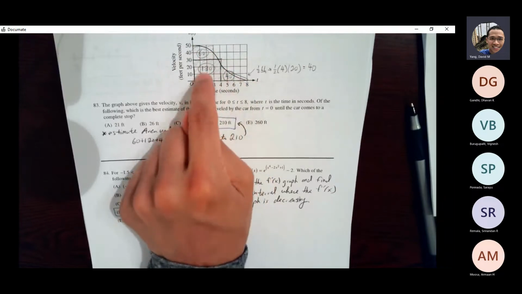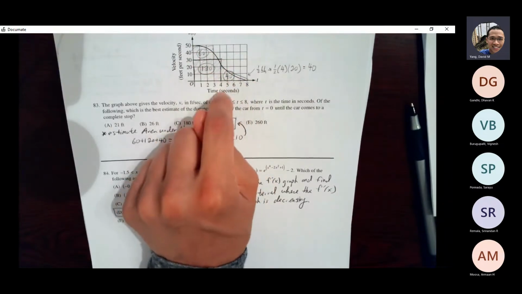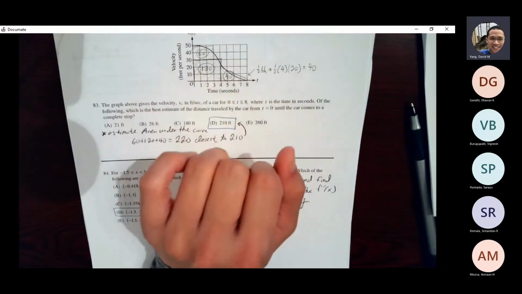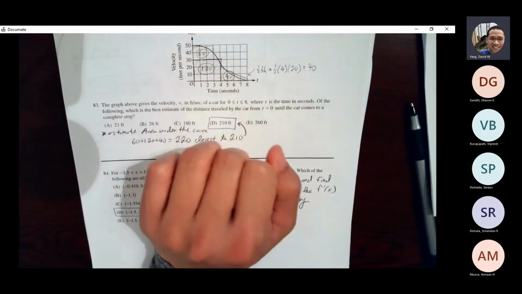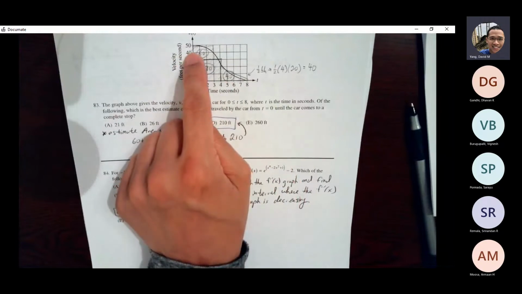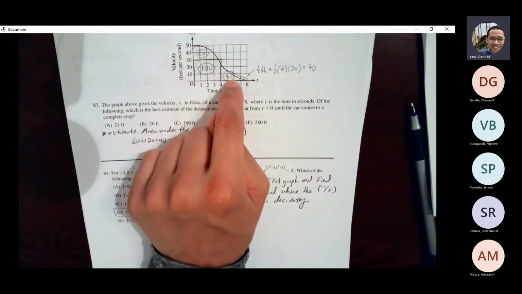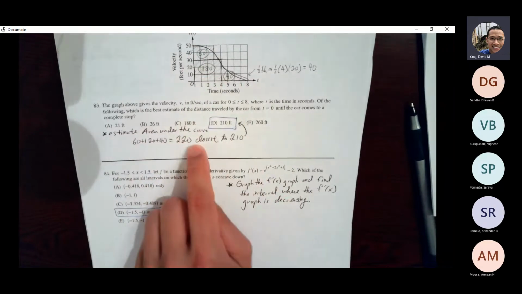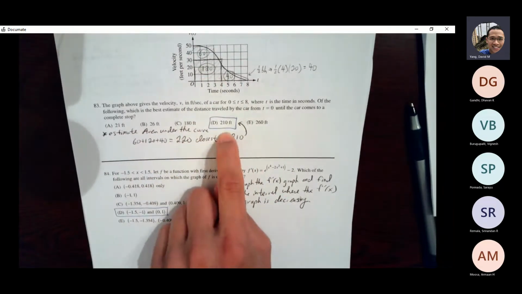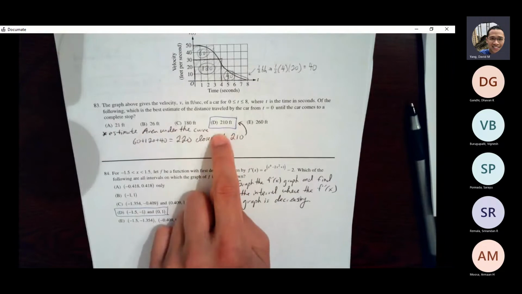Either way, I'm just trying to make a guesstimation of what the area could be, and I added up using geometric shapes. I got a rectangle of 60, a rectangle of 120, and a triangle of 40. I added those up and got 220. That's the closest to 210, and amongst my answer choices, that's good enough for me to arrive at the correct approximation.